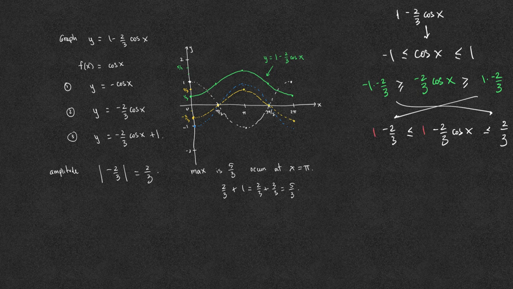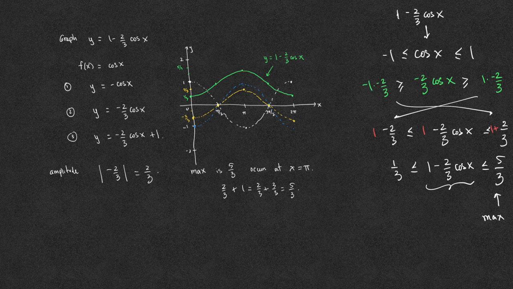Add 1, add 1, add 1. 1 minus 2/3 is 3 minus 2/3, which is 1/3. Less than or equal to 1 minus 2/3 cosine of x less than or equal to 1 plus 2/3, which is 5/3. And so the maximum of 1 minus 2/3 cosine of x is 5/3.